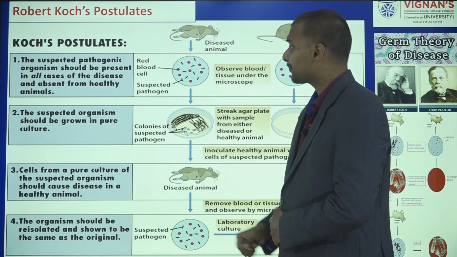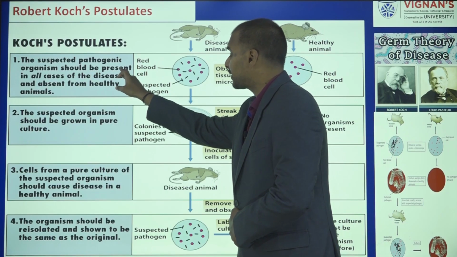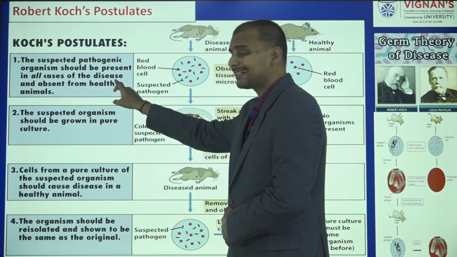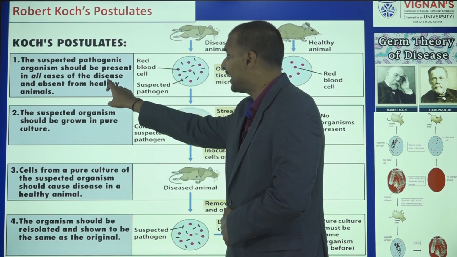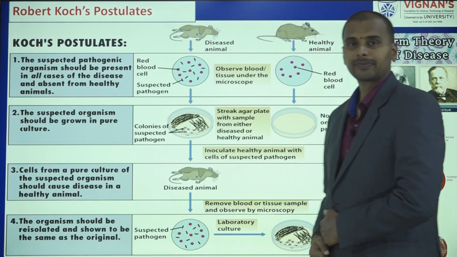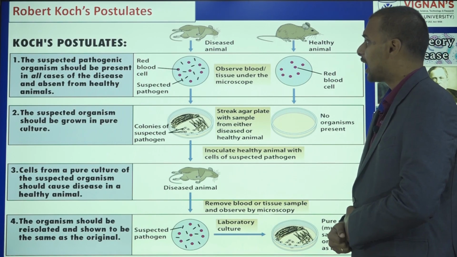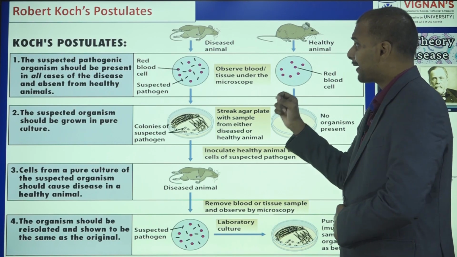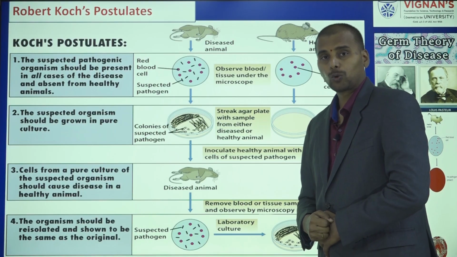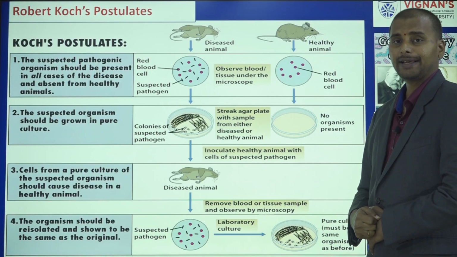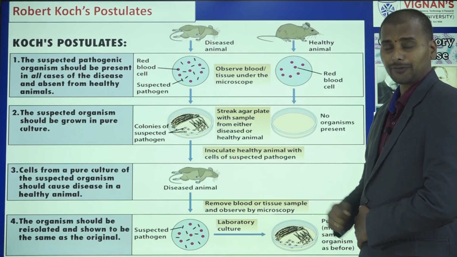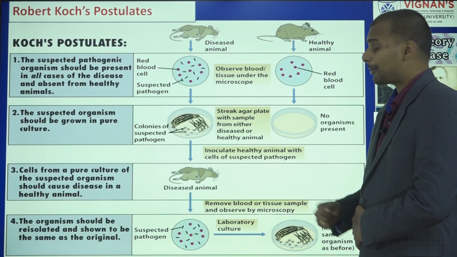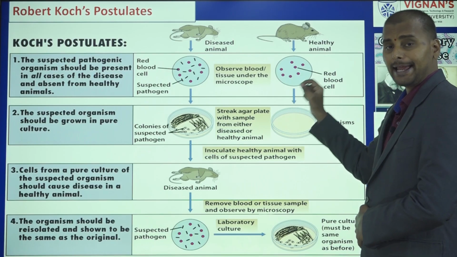The first one is that the suspected pathogenic organism should be present in all cases of the disease and absent from healthy animals. According to that, the causative agent of the disease will be present in all cases of the disease, but absent in healthy animals.